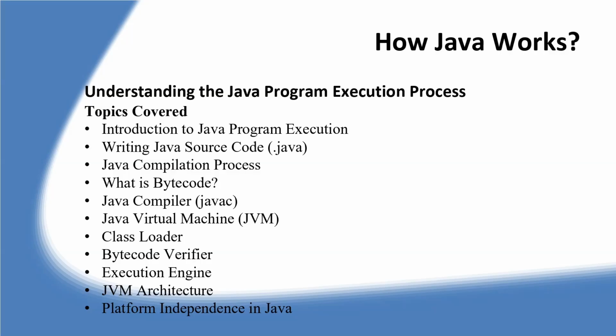In today's video, we will understand how Java works internally and how a Java program gets executed. Many beginners can write Java programs, but they don't know what happens behind the scenes when they click the run button.